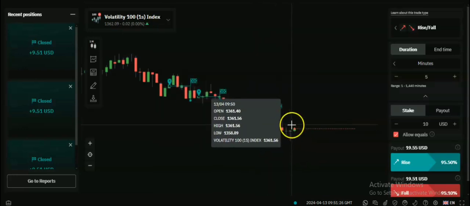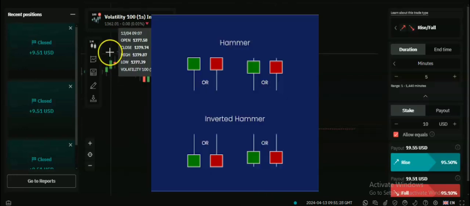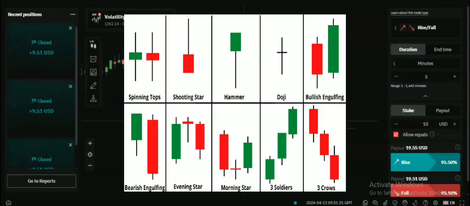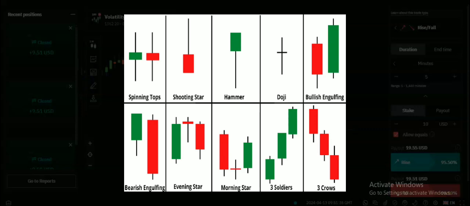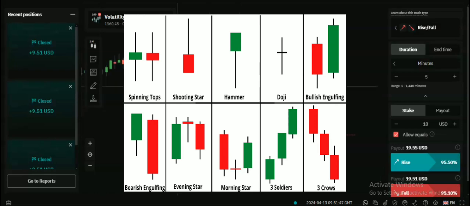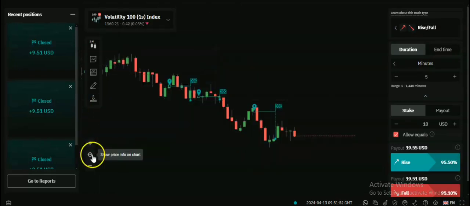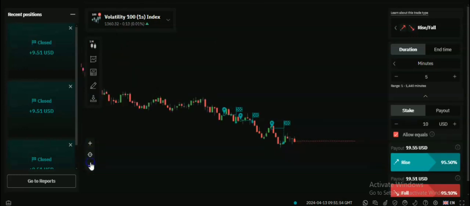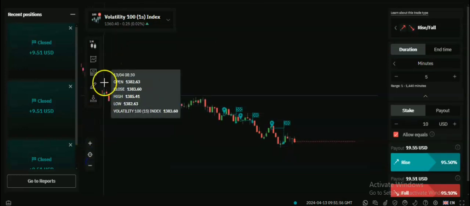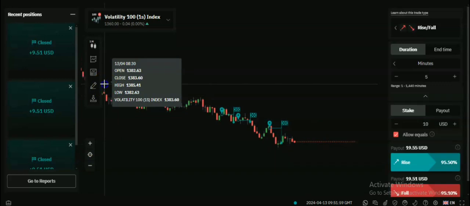We also have the hammer, the spinning top, the dark cloud, the piercing pattern, the evening star or morning star, the shooting star, the harami, the marubozu, the three black crows, the three white soldiers, the frying pan buttons, and many more. We are going to talk about them in our next video.